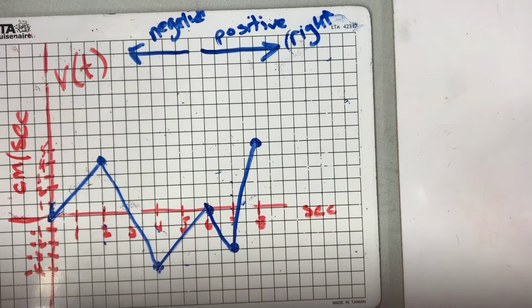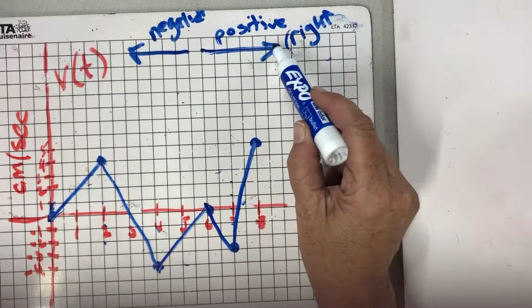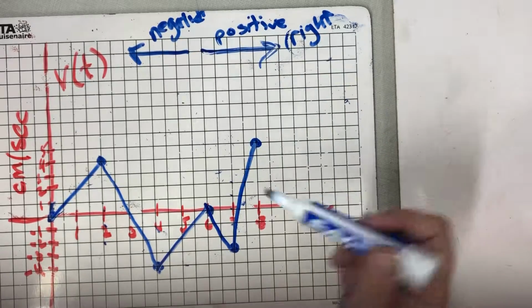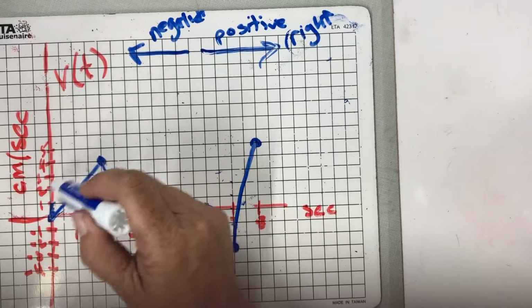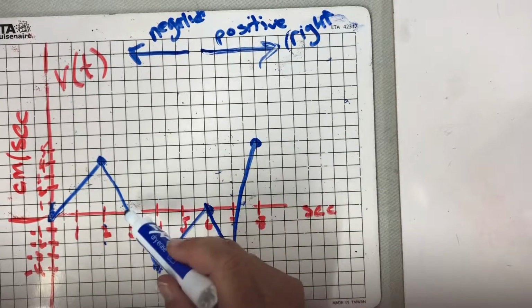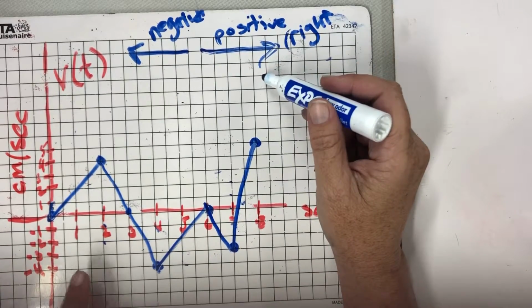So if I ask the question, at what time intervals is the particle moving to the right? Or I think the question in the book said moving forward, but to the right, then because we're defining positive velocity as any velocity to the right, that means that anytime these y values are positive, the particle has positive velocity and is going right.